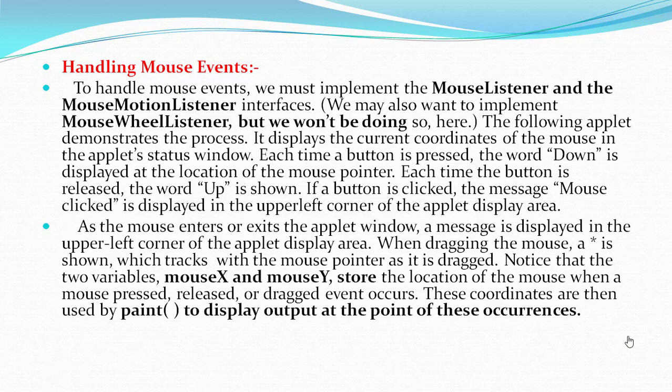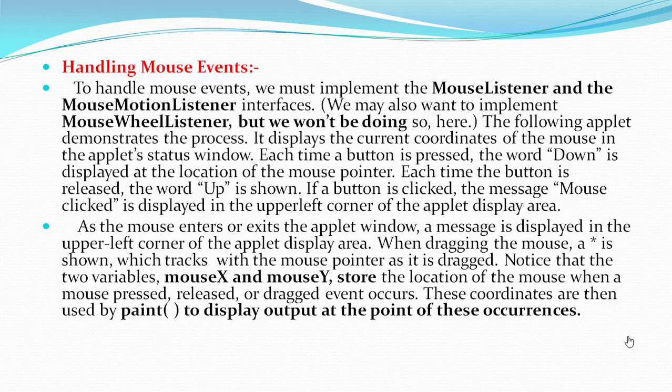Notice that two variables, mouseX and mouseY, store the location of the mouse when a mouse pressed, released, or dragged event occurs. These coordinates are then used by the paint method to display output at the point of these occurrences. This is how the example is implemented.